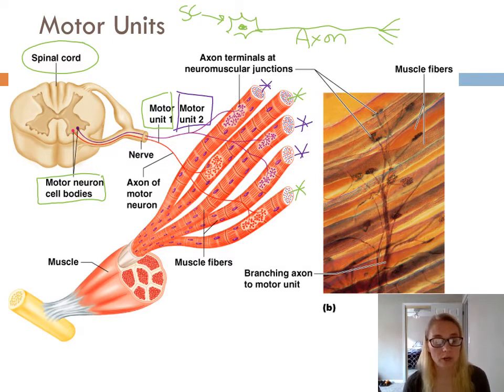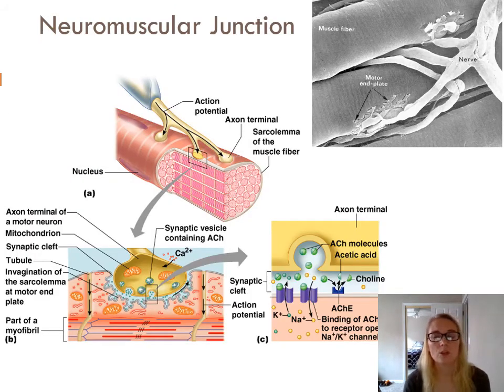Now we're going to take a closer look at what's called the neuromuscular junction. It is where these neurons, you can see them all right here, land on their individual muscle fibers. Here we have some more pictures of this neuromuscular junction. We've zoomed way into just the motor neuron and the sarcolemma.